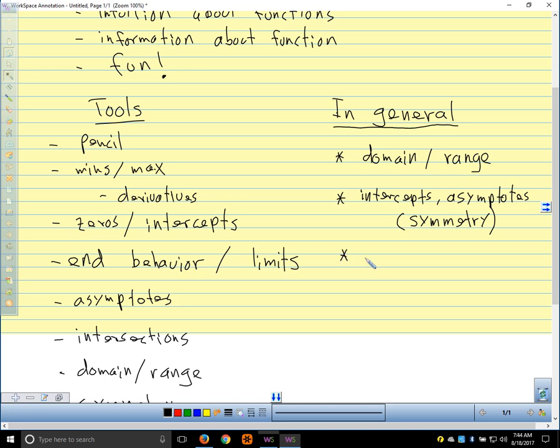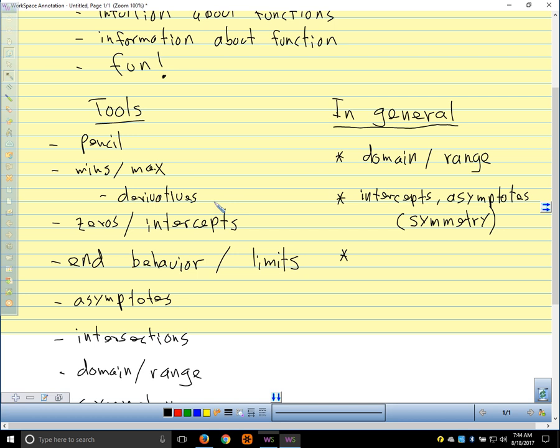And then now we're going to look at the calculus piece to talk about our mins and maxes. I said derivatives here. What are we looking for? What do we call those things when we're looking for those mins and maxes and inflection points? Where do extrema possibly happen? Critical points.